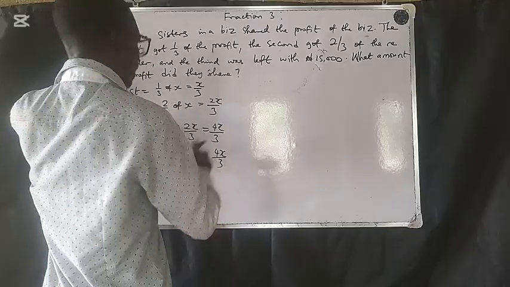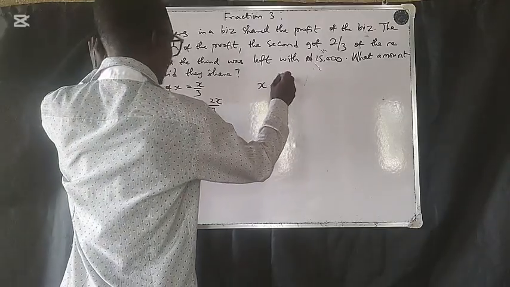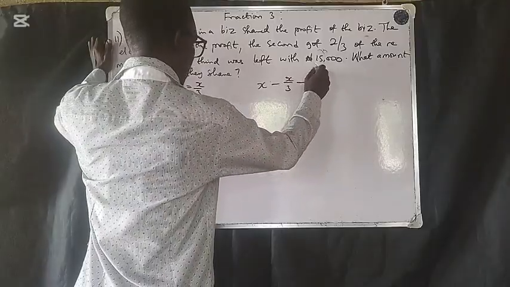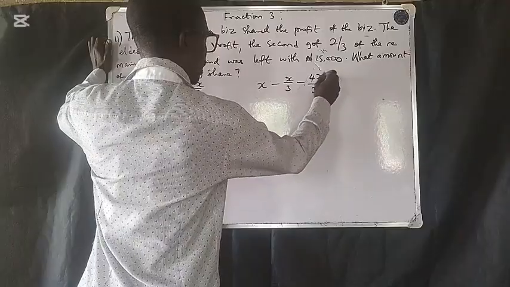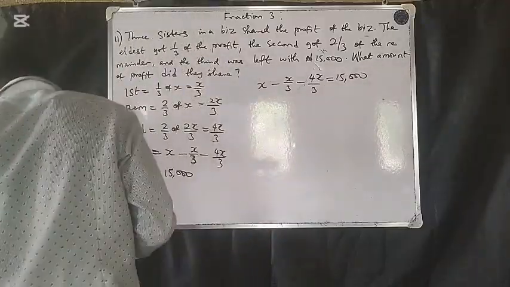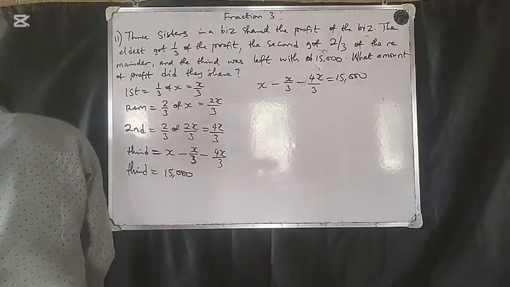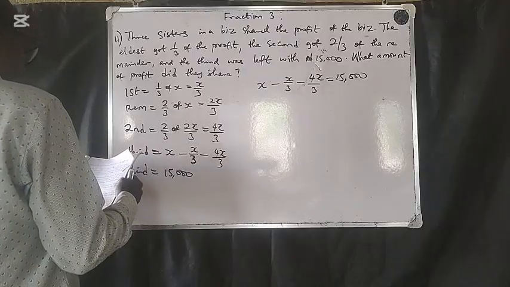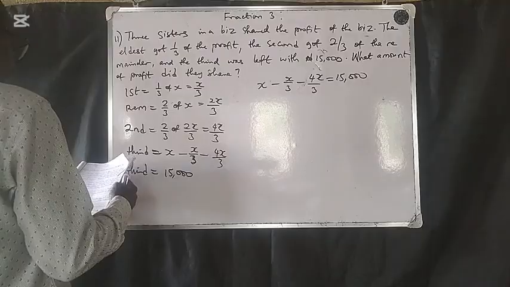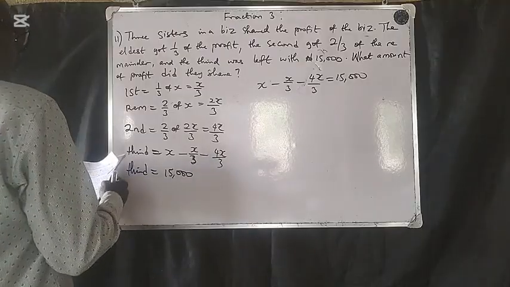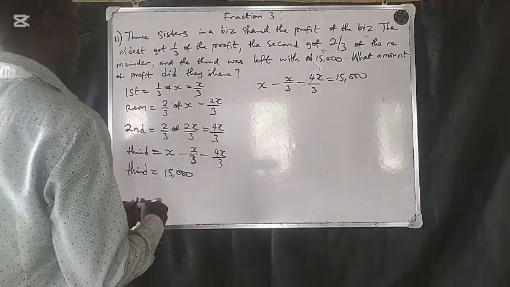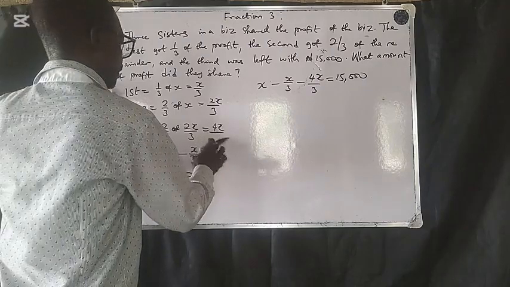I write the equation here. X minus X/3 minus 4X/3 equals 15,000. And if you do that correctly, you are going to get 67,500. 3 times 3 is 9. This should be 9.